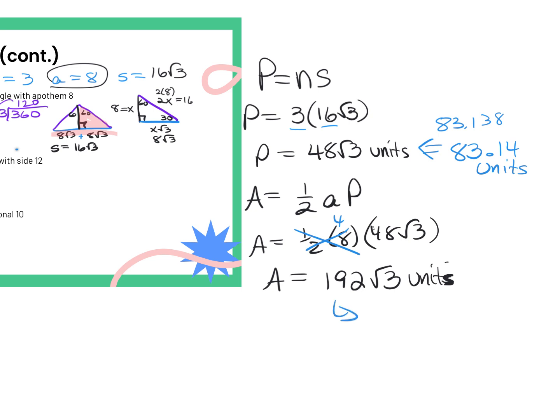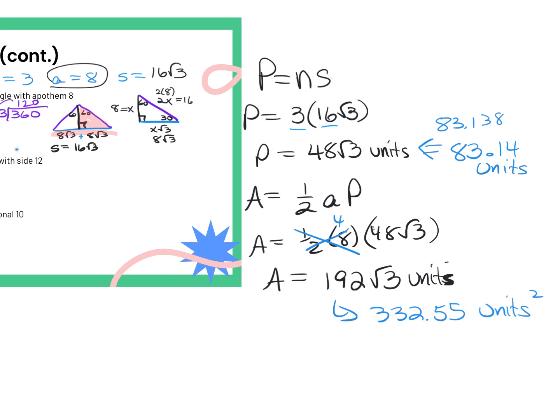If this one you had to use your calculator, do 192 times the square root of 3. This would give me 332.553, so 332.55. So if it says round to the hundredths place, then you use your calculator.